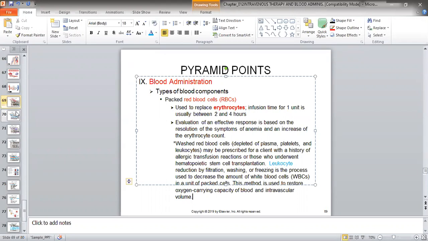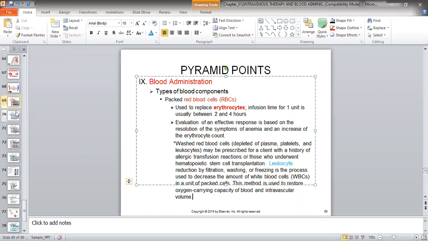Another question: how long must an RN stay with the client after transfusion is started? At least 15 minutes. Why do you have to stay with the patient for 15 minutes after starting the blood transfusion? To see the blood transfusion reaction, right?